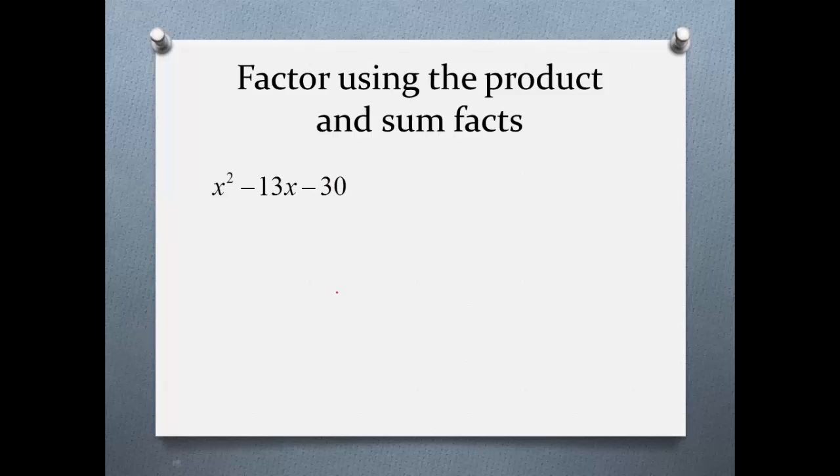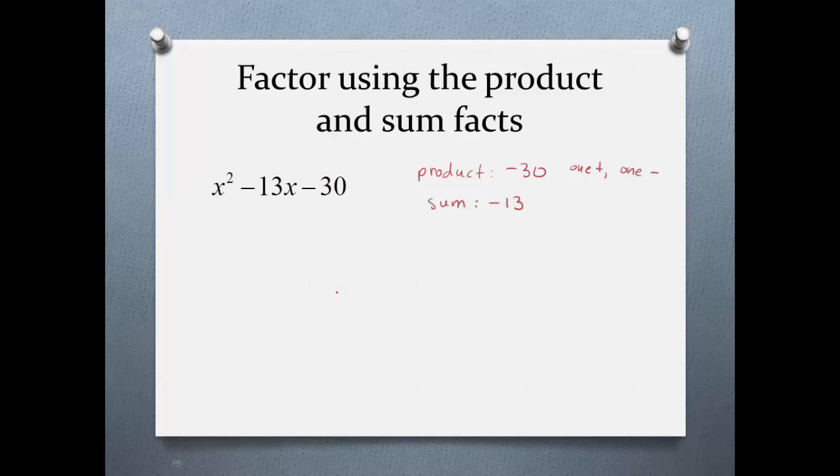And the last one I have for you here is x squared minus 13x minus 30. You got to be careful about the signs here. For this one, I want a product of negative 30 and a sum of negative 13. So the fact that I want a product of negative 30 means that I'm going to need one positive and one negative number.